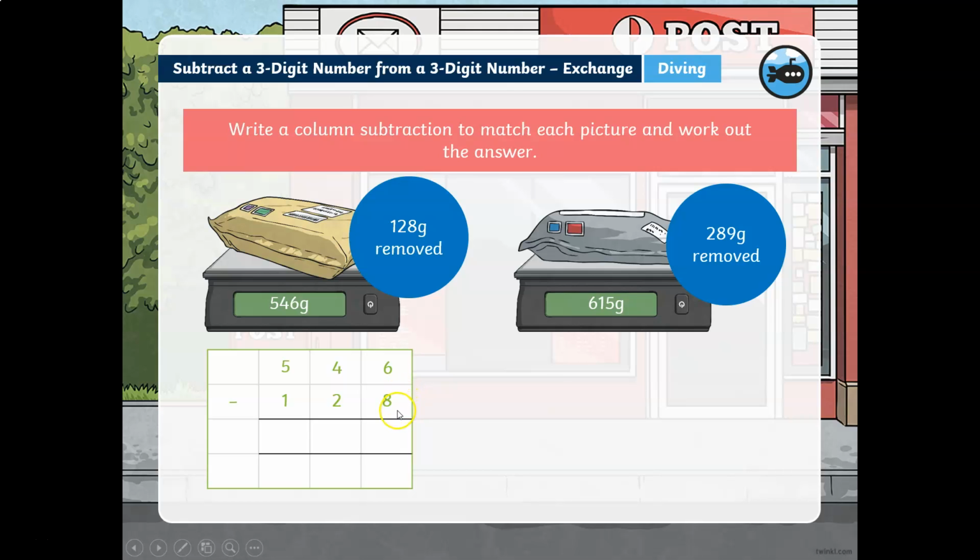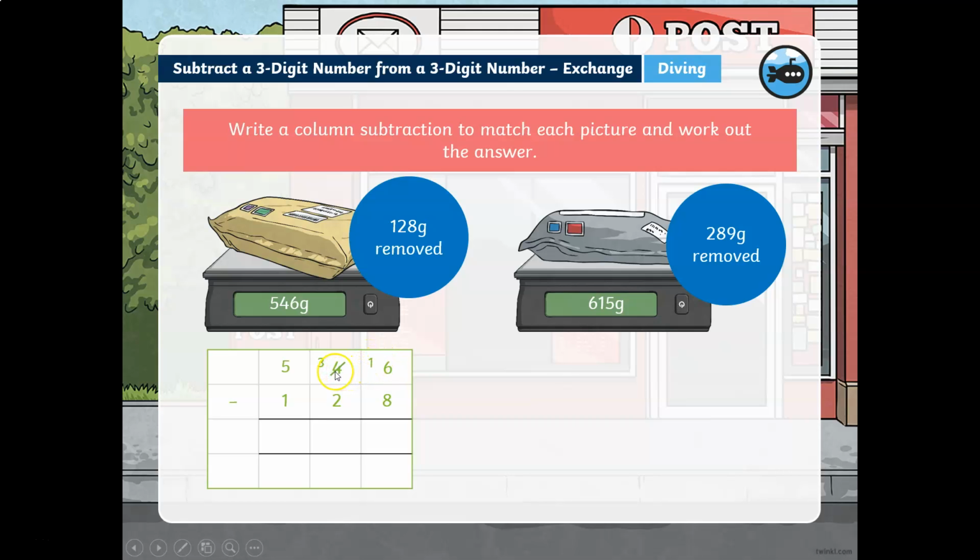Okay, so we start in the ones column. Can we take 8 from 6? No. So we need to cross out the 4, turn it into 3, just make it one smaller than the number that it is. Okay, so we turned it into a 3. And we add the 1 over here to make it 16, because we added 10.